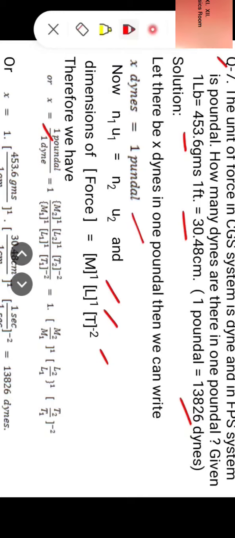So we put M2 raised to power 1, L2 raised to power 1, T2 raised to power minus 2, divided by M1 raised to power 1, L1 raised to power 1 and T1 raised to power minus 2. Raised to power means these are their dimensions.